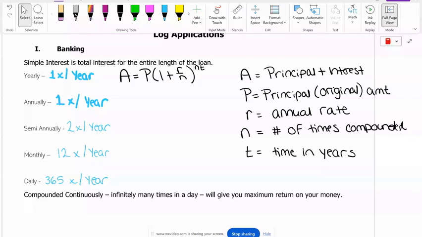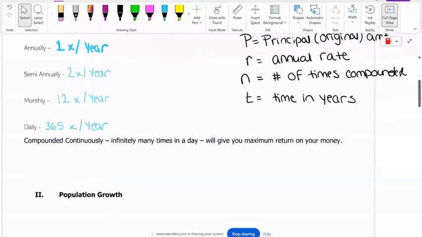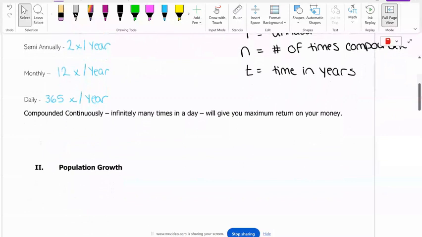So if you're compounded continuously, that's telling us it's infinitely many times in a day. Obviously, you'll make a lot more money this way. So here, the formula is A is equal to P times E raised to the RT power. Variables mean the same thing.